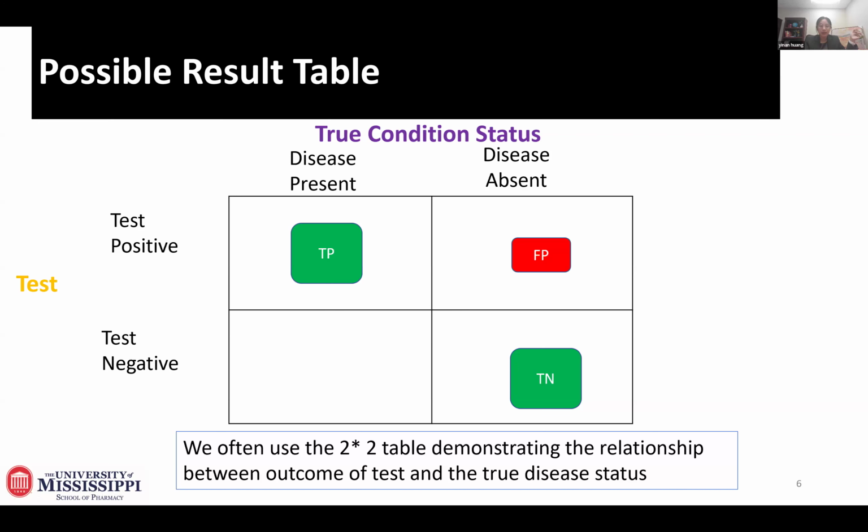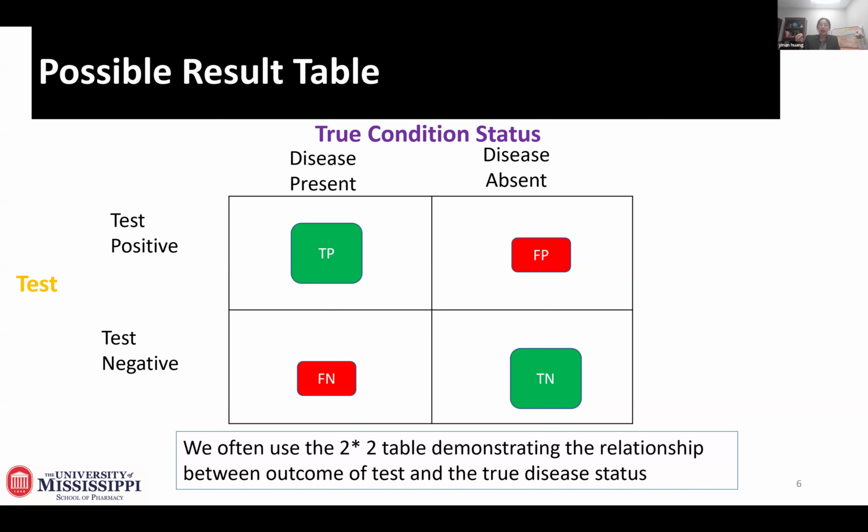In reality, there will also be the scenario called false positive. It means that the test result is positive, but the patient is actually COVID-19 free. This is called false positive.